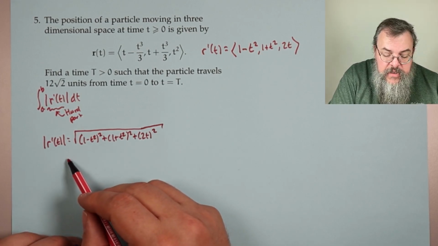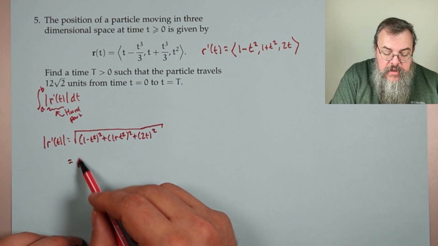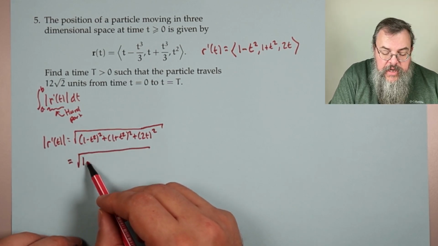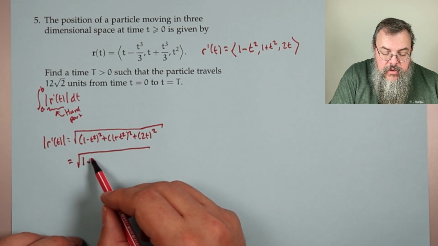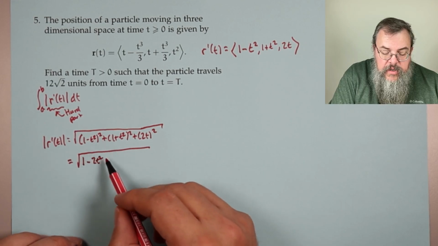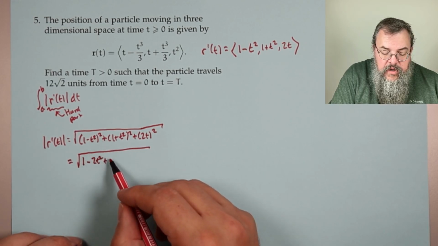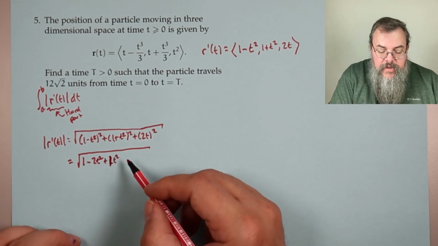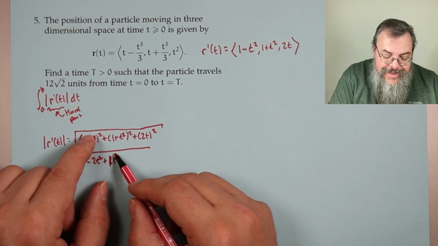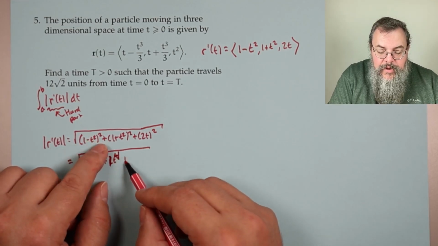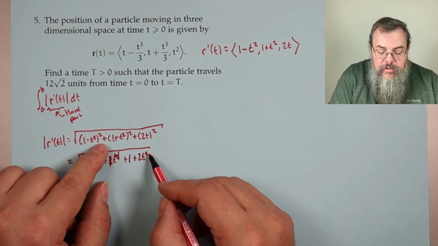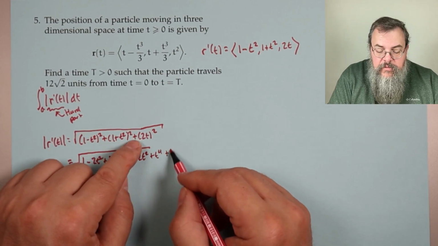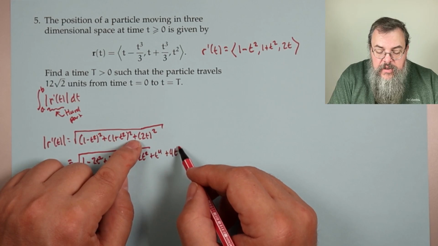And this is going to become the square root of 1 minus 2t squared plus t squared squared, t to the fourth, plus 1 plus 2t squared, and then plus t to the fourth plus 4t squared.